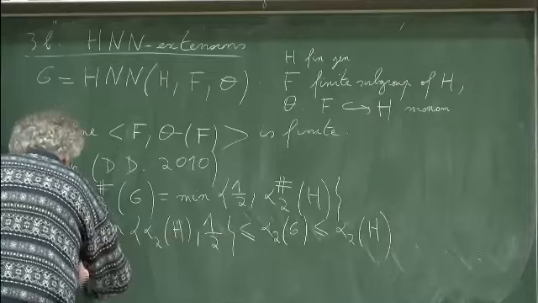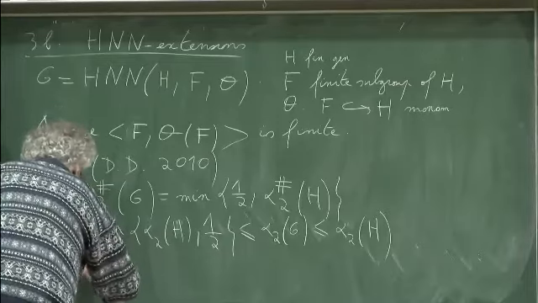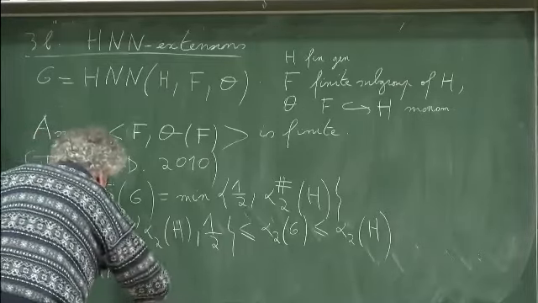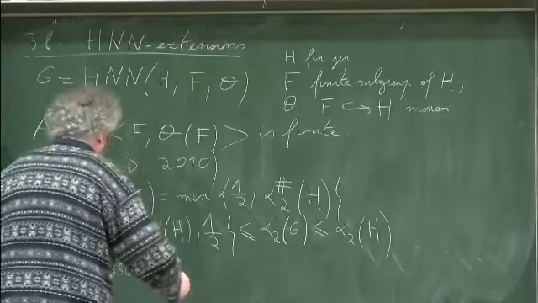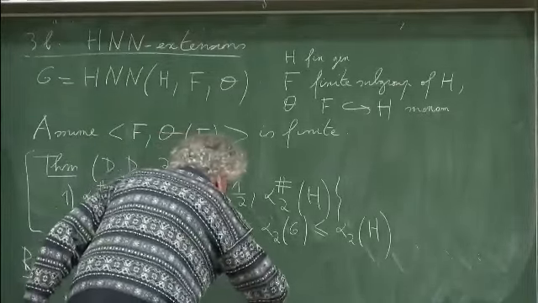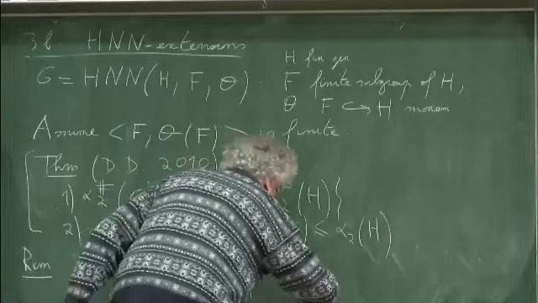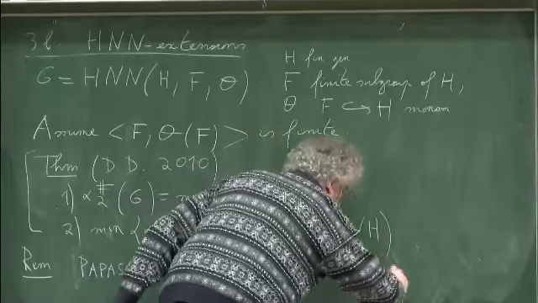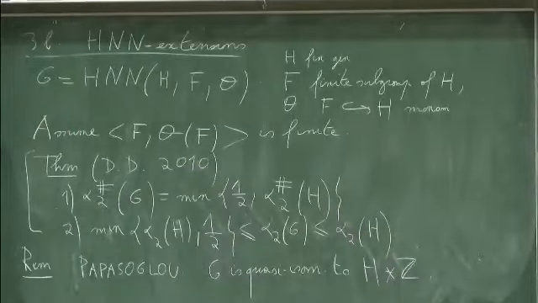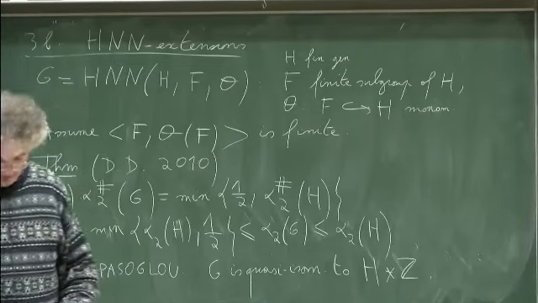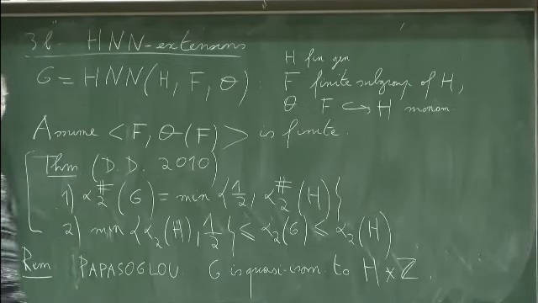Indeed, there is a result by Papasoglu which tells you that G is quasi-isometric to the free product of H with Z. And since compression is a quasi-isometric invariant, you reduce immediately to the case which I discussed before, namely compression for free or amalgamated products.